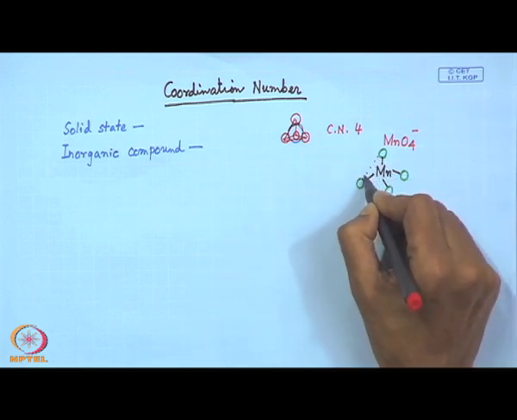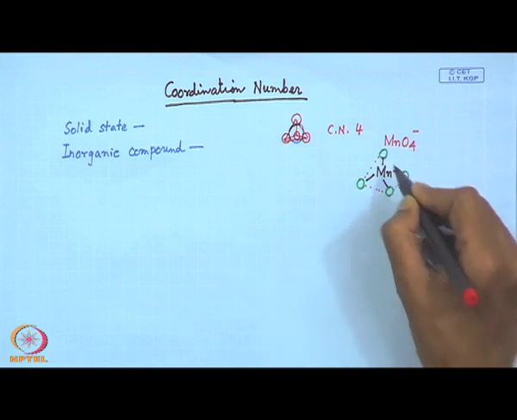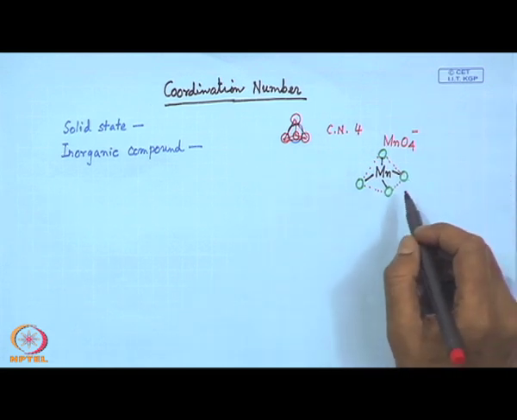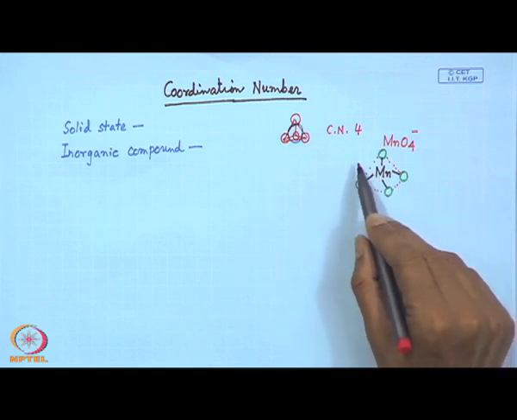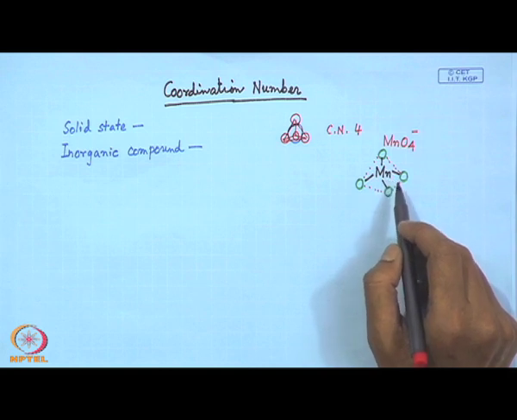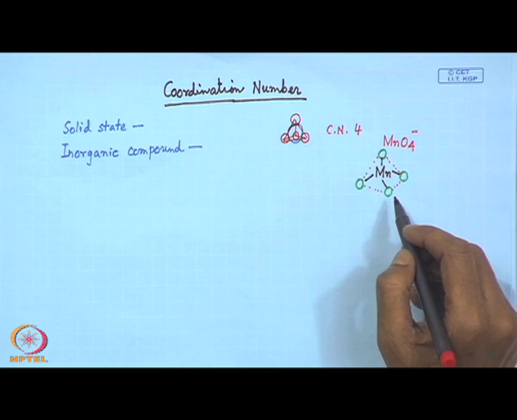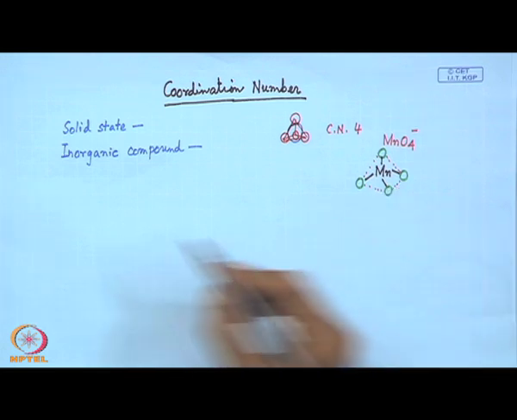So, we get to see in 3-dimensional space how the entire species behaves and how the manganese center binds some other atoms, which is clearly visible if we consider the coordination number of this permanganate anion.